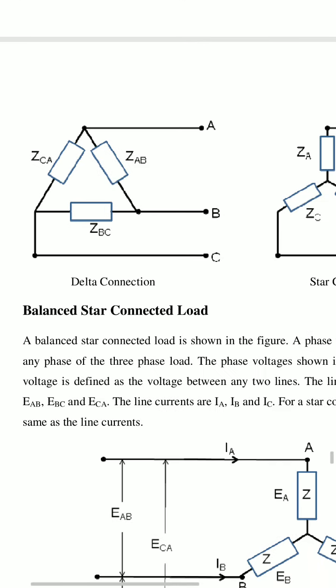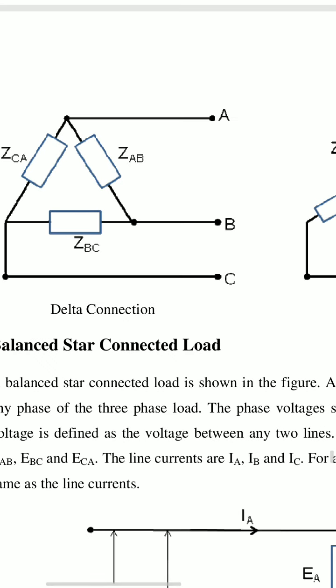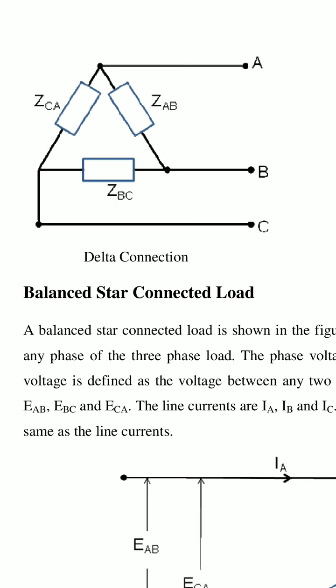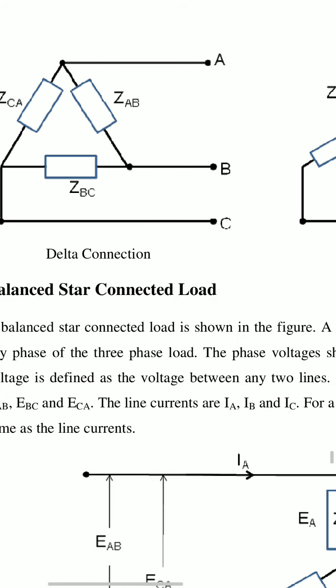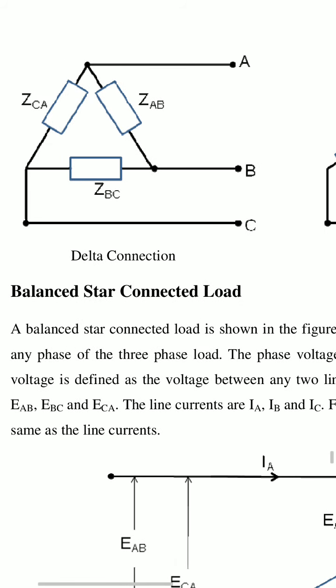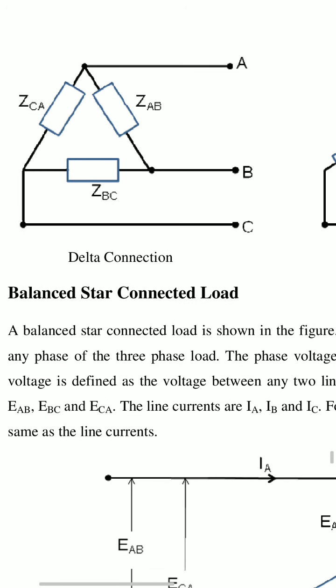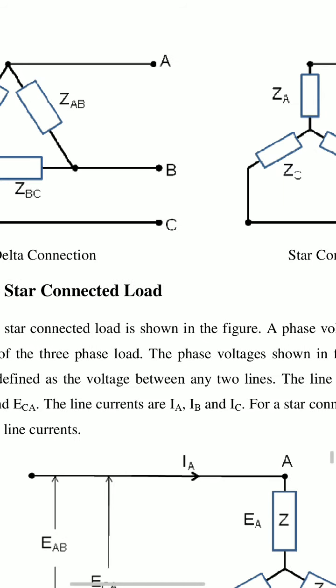Here, observe this one, the load is in delta connection. Here ZAB, ZBC, ZCA are the impedances connected in delta manner, and A, B, C are the terminals.